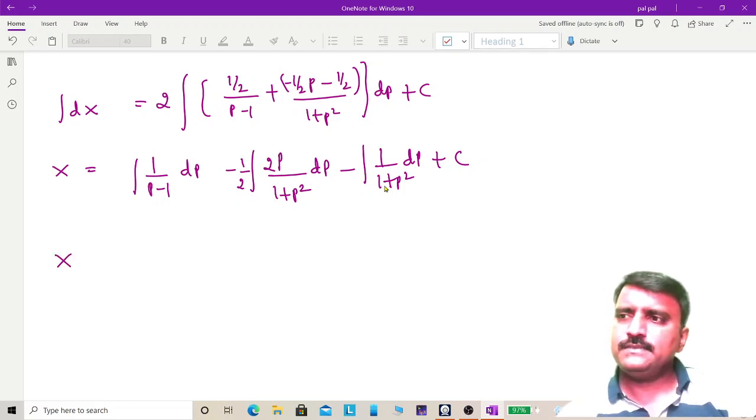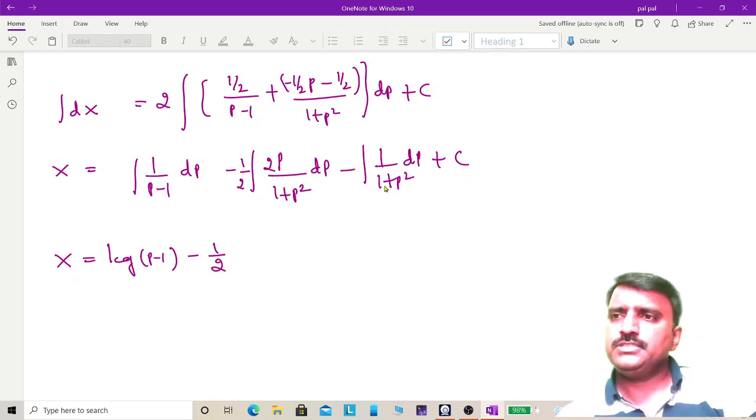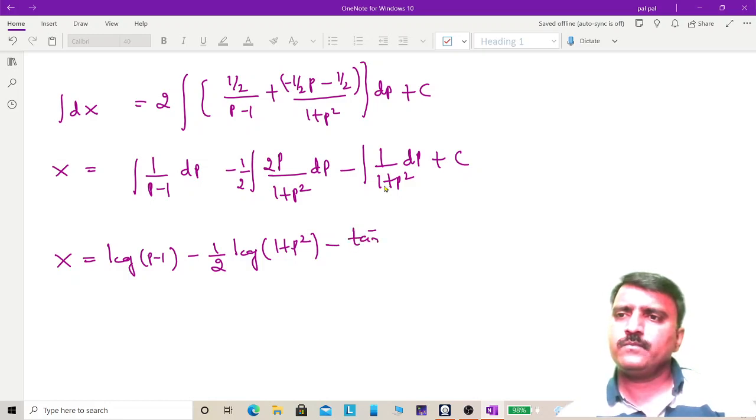So now x is equal to, its integration is log of p minus 1, minus 1 by 2 into, now the differentiation of the denominator is in the numerator, so its integration is log of the denominator, that is log of 1 plus p square, minus its integration is tan inverse of p, plus c.